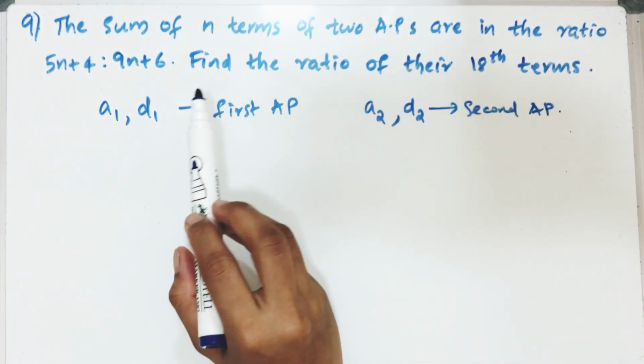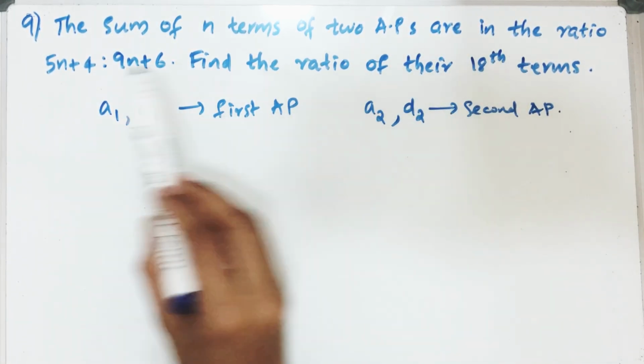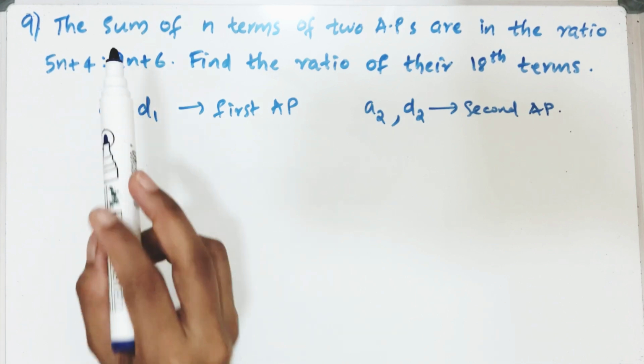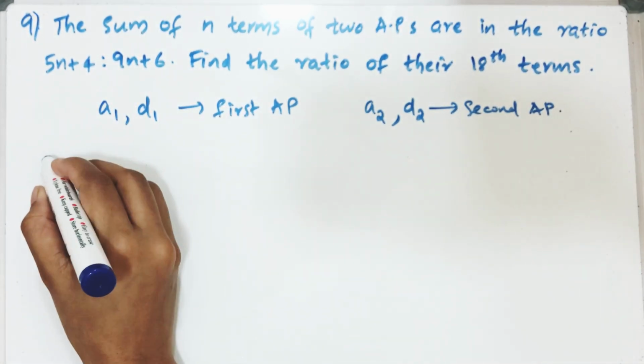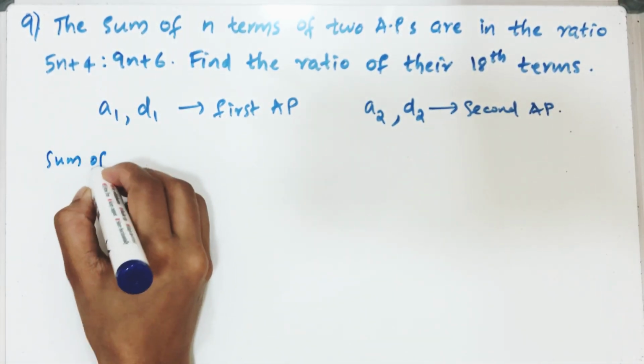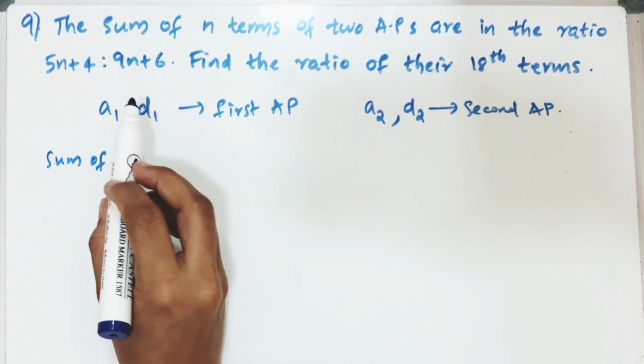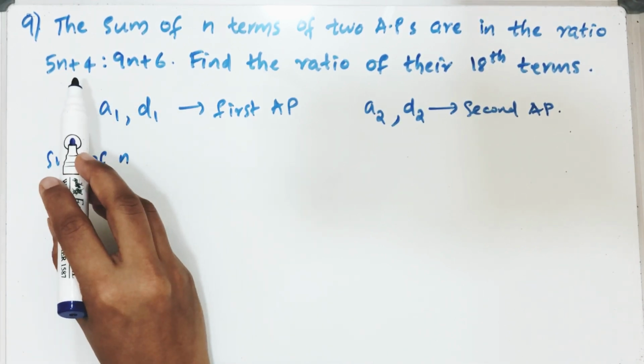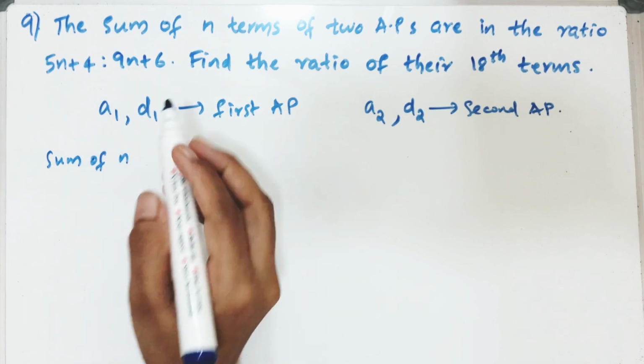Given, the sum of n terms of two APs are in the ratio 5n plus 4 is to 9n plus 6. That is, the sum of n terms of the first AP by the sum of n terms of the second AP is 5n plus 4 by 9n plus 6.